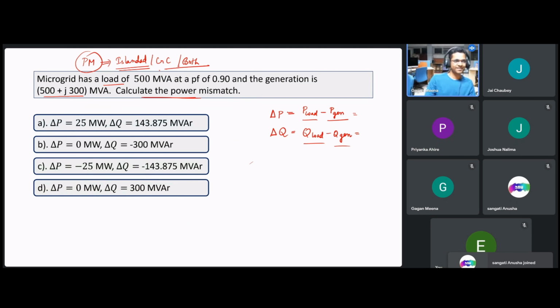This is a simple question, right? Delta P should be 0, but I'm not sure about delta Q. Is it positive or negative?